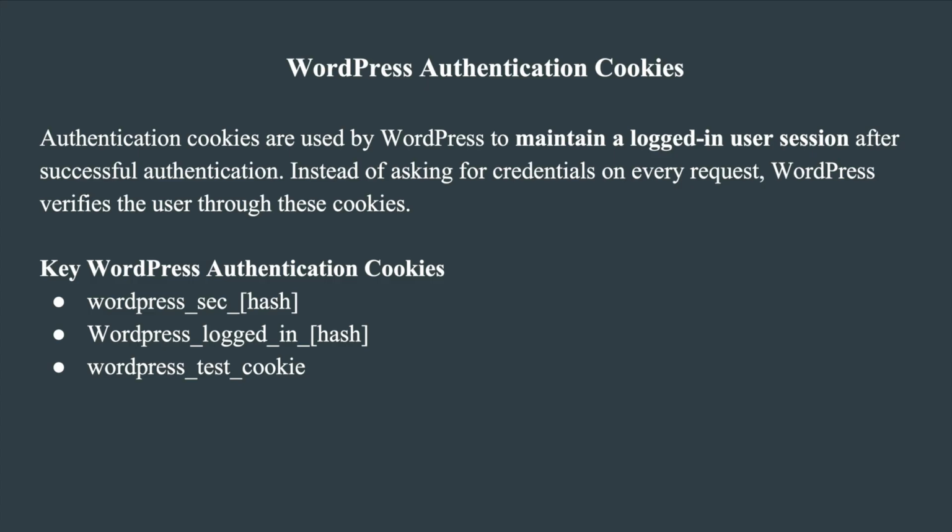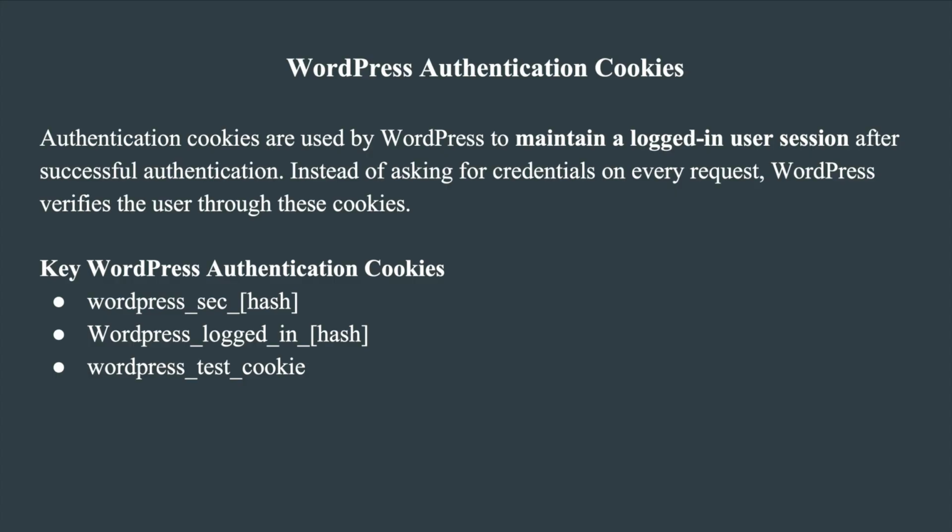WordPress authentication cookies. Once a user successfully logs in, WordPress creates authentication cookies to maintain the user session. The cookies allow the system to remember that the user is logged in without asking for credentials on every request.